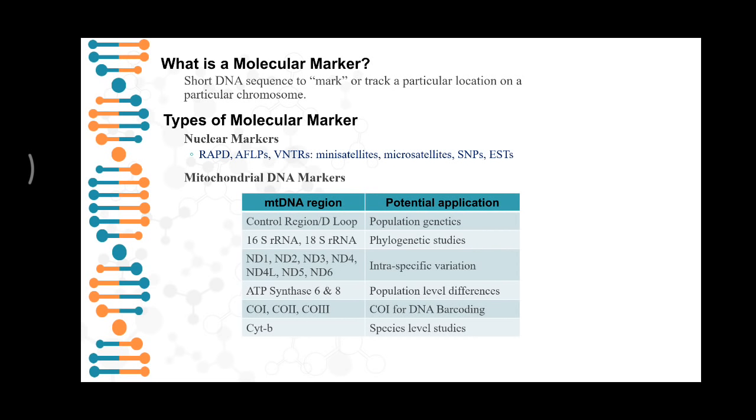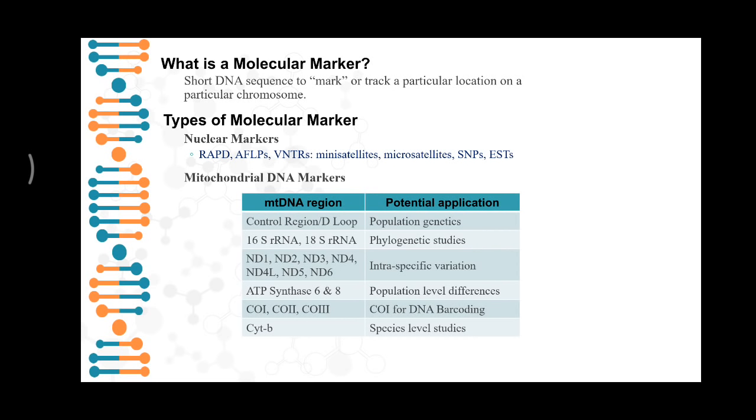In mitochondrial DNA markers, there are some regions: the control region, the D loop, which has very potential applications in population genetics; the 16S rRNA and 18S rRNA sequences to study the phylogenetic analysis; ND1, ND2 parts to study interspecific variations; ATP synthase to study population level differences; CO1, CO2, that is the cytochrome oxidase gene, being used for DNA barcoding to identify the species; and cytochrome B, which has also been used in species level studies.